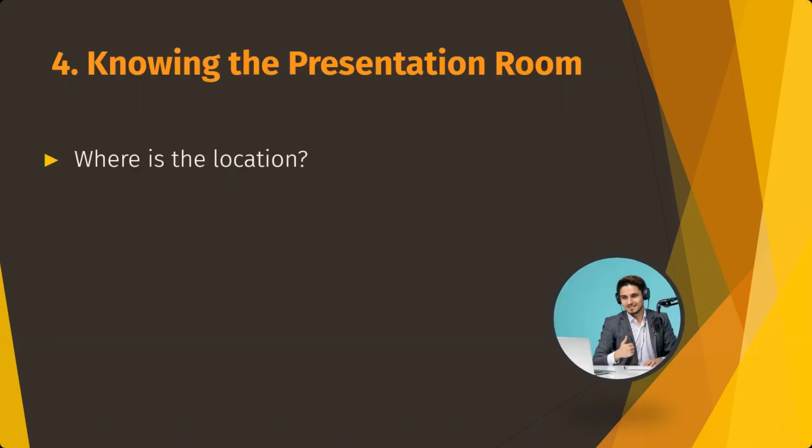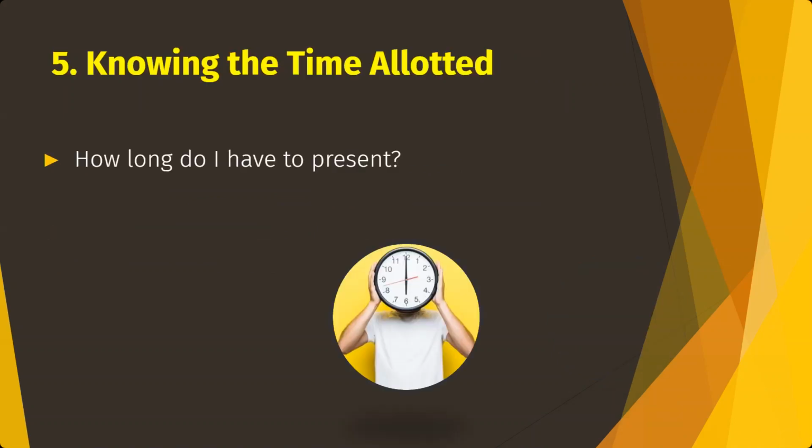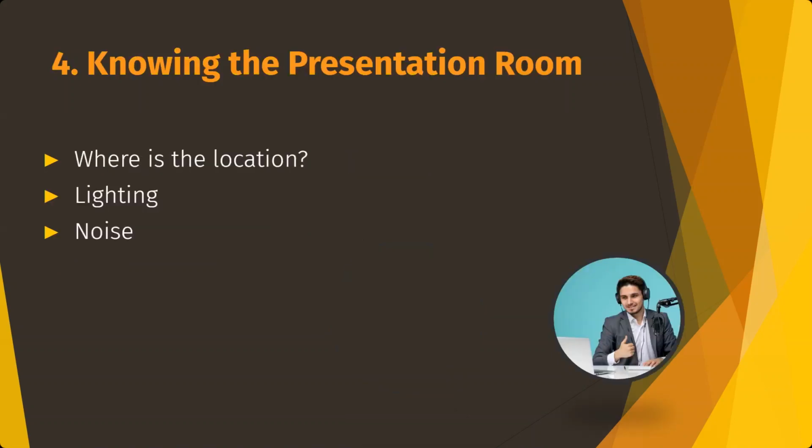Next, knowing the presentation rule. It could be a space, it could be a hall, right? Where is the location? Why? Because so that you know how you are going to place yourself. What about the lighting? What about the noise? There will be situations where, let's say some of you are going to be engineers at a construction site. You cannot expect a construction site to be very quiet, noiseless. It's impossible, right?